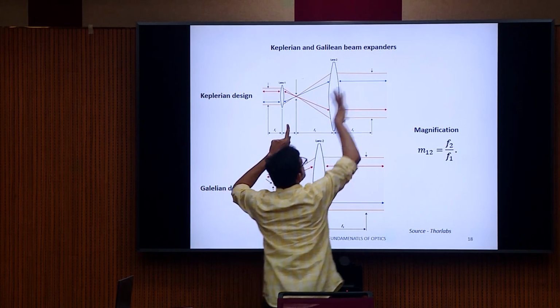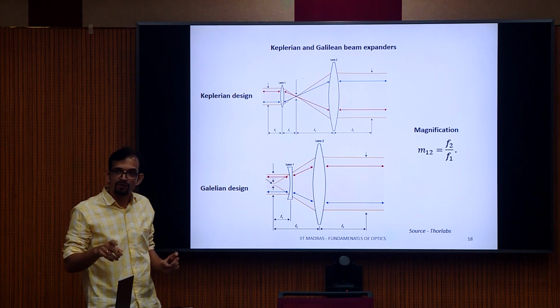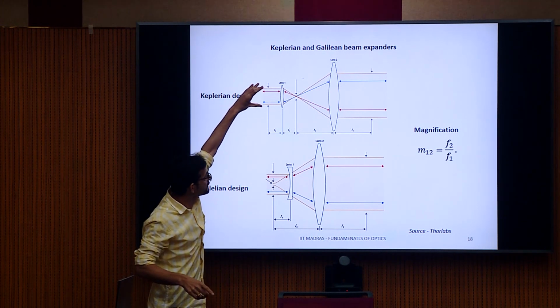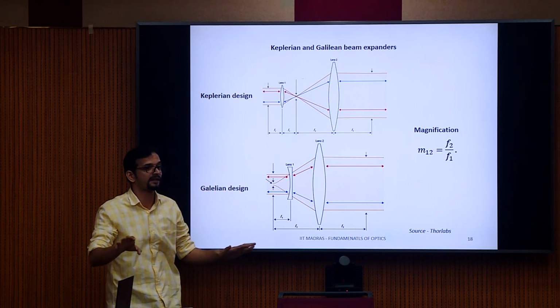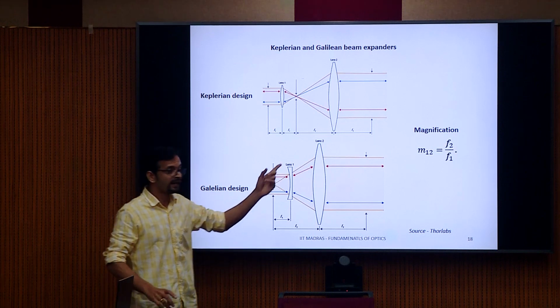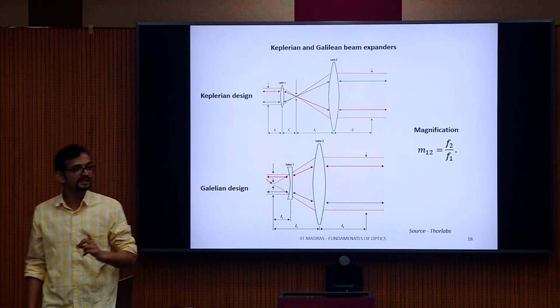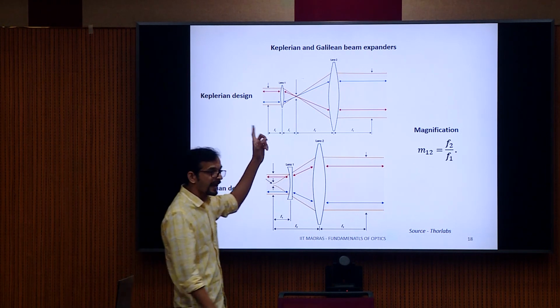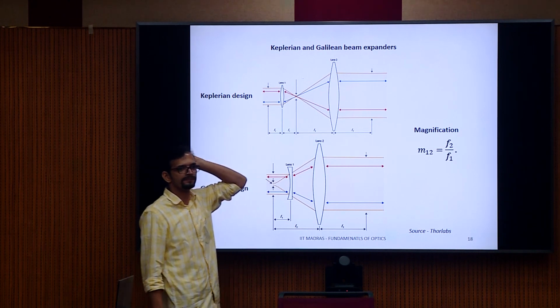If you decrease this, it will diverge. Got the point? The important thing to note is that the assumption here is that the beam is parallel. If it is not parallel, it won't work. And most of the time it is not always parallel. Then the advantage of this setup is to correct that collimation. So this setup can do magnification as well as correct the defects of the source you have.